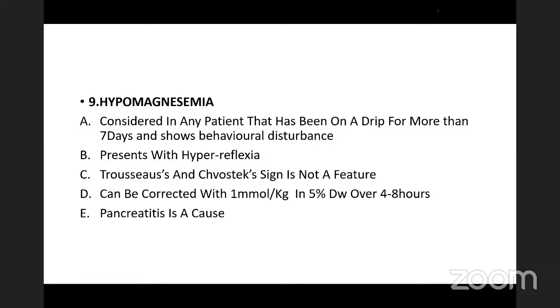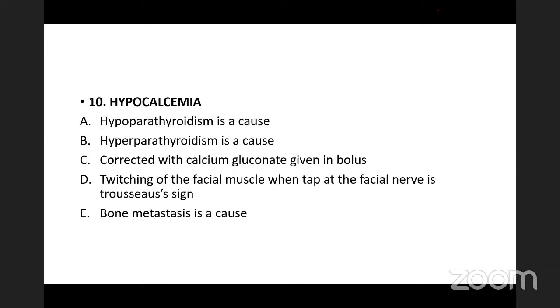Okay. Yes. Now, C is false. Can be corrected with 1 millimole per kg in 5% dextrose water over 4 to 8 hours. That is correct. Pancreatitis is a cause. So your answer here is C, that is the negative option.